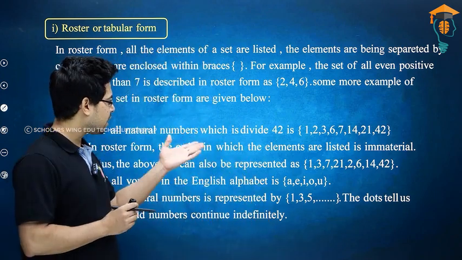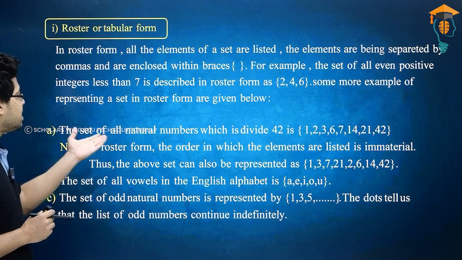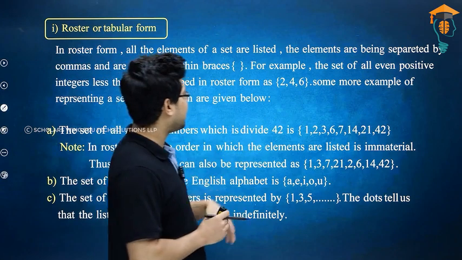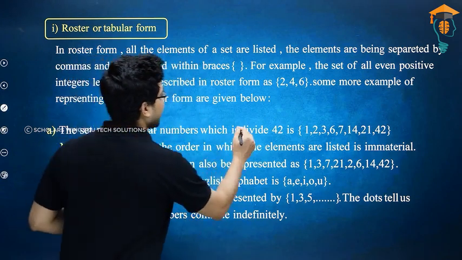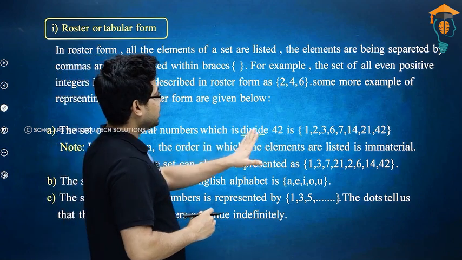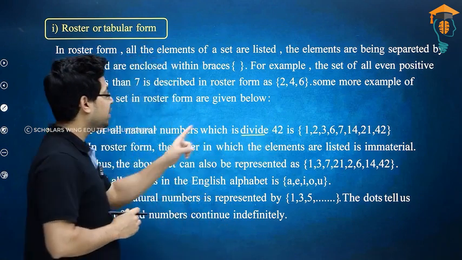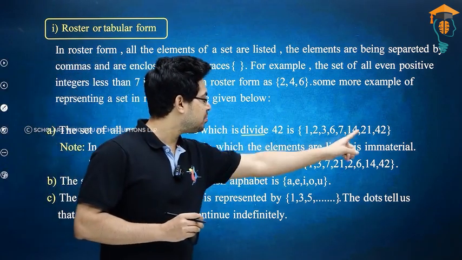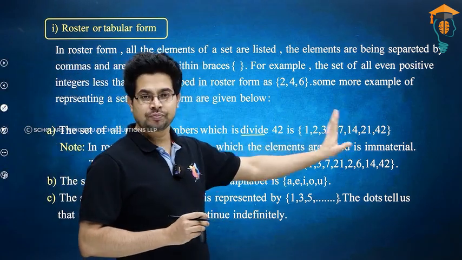Fine. Same thing has been mentioned over here. Set of all natural numbers which is divided by 42. That means, in fact here we should have which is divisible by 42 instead of divided, or which divides 42. That is a correct statement. So these are the numbers which divide 42.